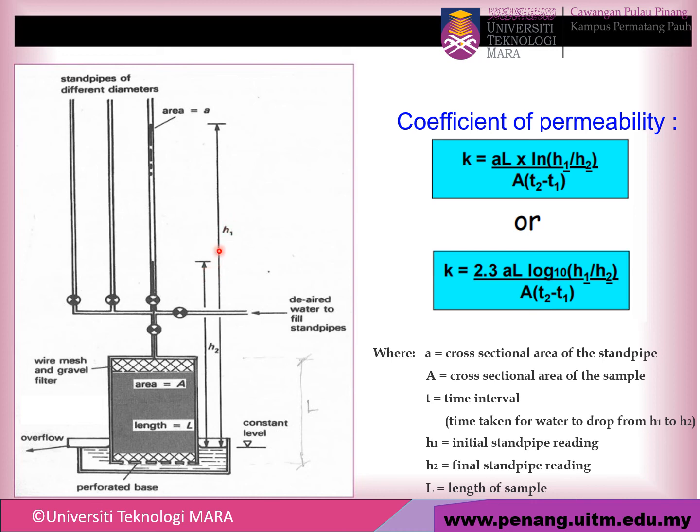So you get H1 and H2, and you will know how much time it takes for the water to flow from H1 to H2. The length here is the length of the sample. From all the information here, you insert it into the equation. You may use this equation or this equation.